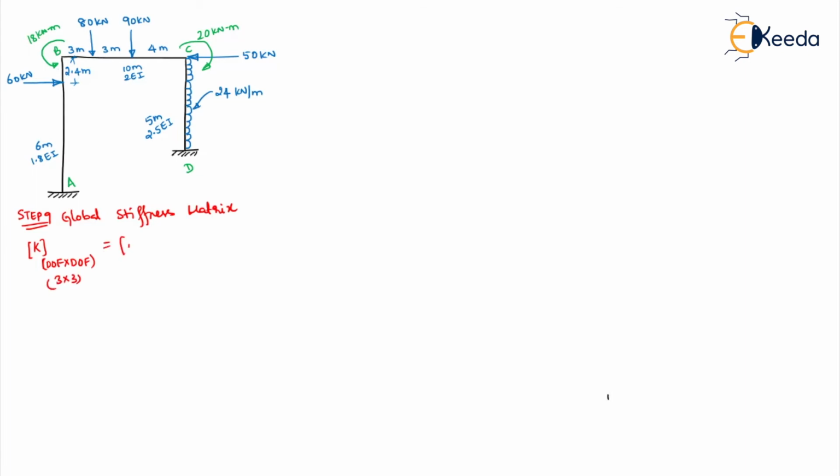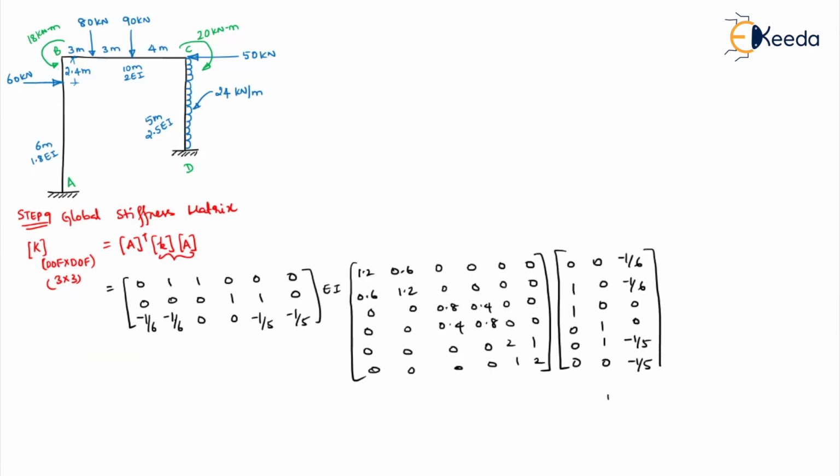So what is the formula? A transpose small k into A, wherein you have to do the k into A multiplication first. So let me substitute the values we have. This is a 6 into 6 matrix. This is a 6 into 3 matrix. So these both are the same, and you will get a 6 into 3 matrix. First we will multiply these rows into these columns, right?